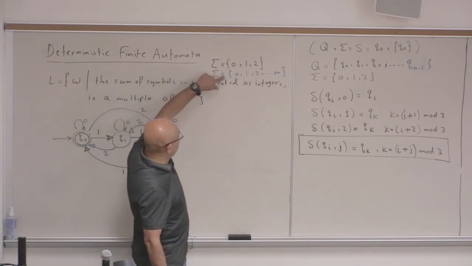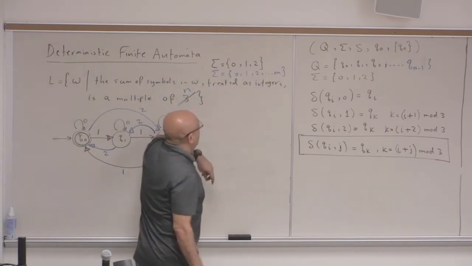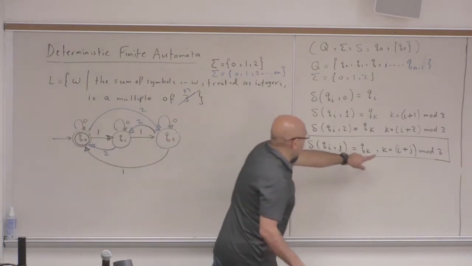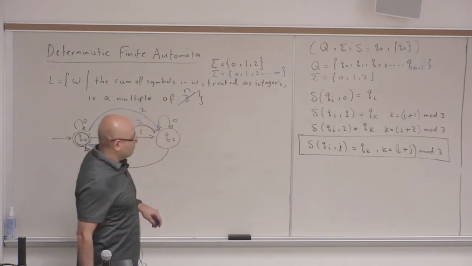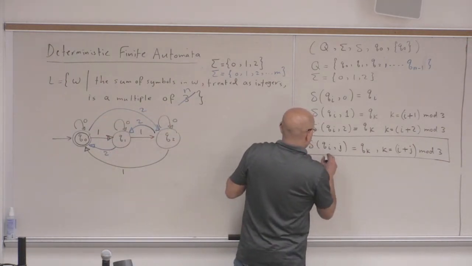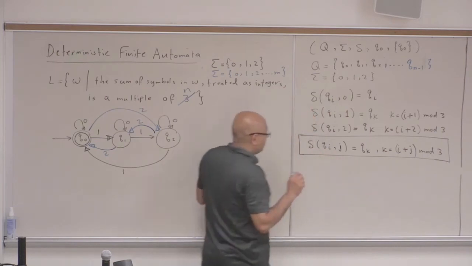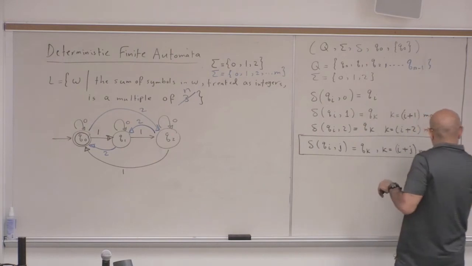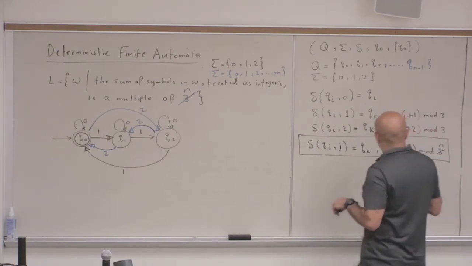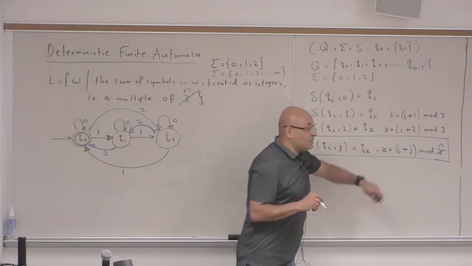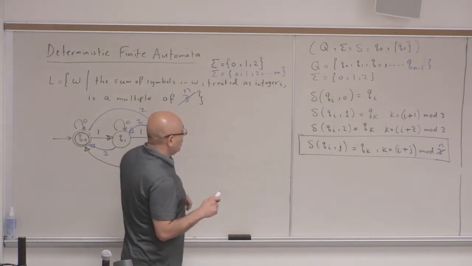When your sigma is 0, 1, 2 through m, and this is mod n, then this formula is going to give you the right transition function for a general DFA. All you need to do is replace this 3 with n. So it's going to be i plus j mod n.